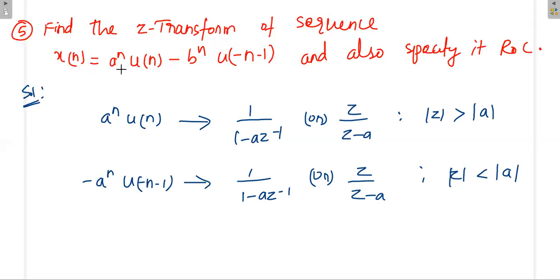So that means we will be writing the Z transform for this signal and also for this signal. This time we have to observe the minus for the second term, because the minus is there.